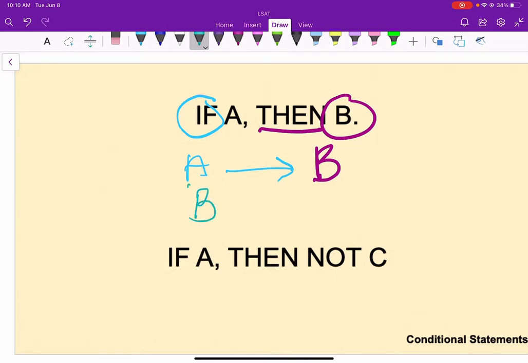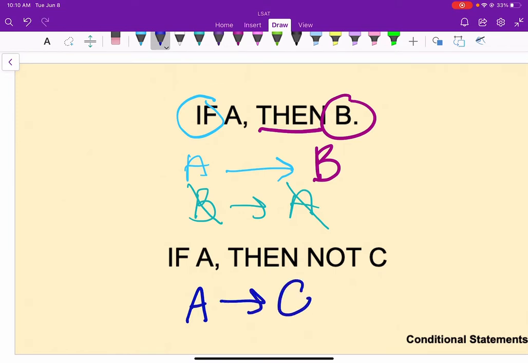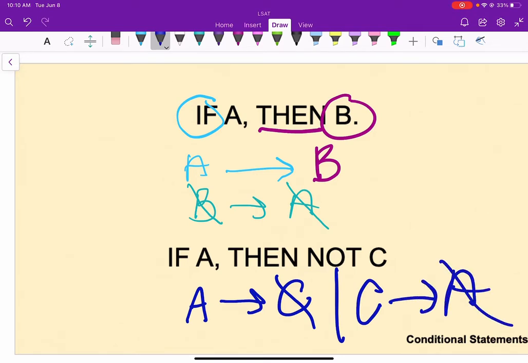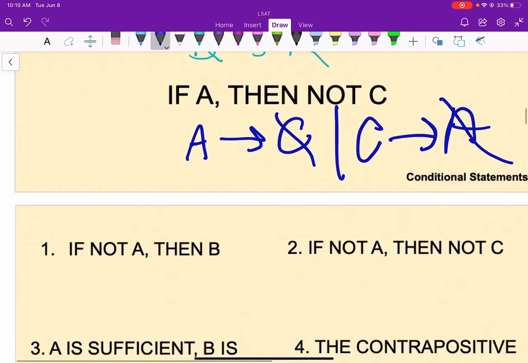If not B, then not A. And then for the second one, we have if A, then not C, so I'm just going to cross it off, and the contrapositive of that would be if C, then not A. Hopefully that's what you got as well.